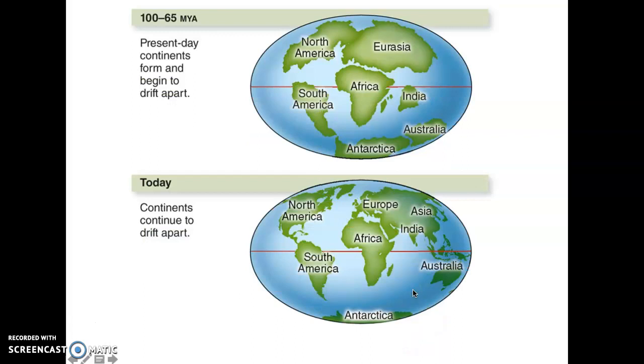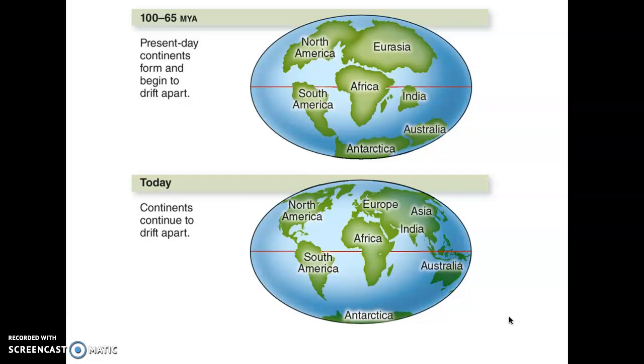We believe then it continued to shift into continents, and today we think of our Earth like this diagram down below, after these land masses have drifted apart.